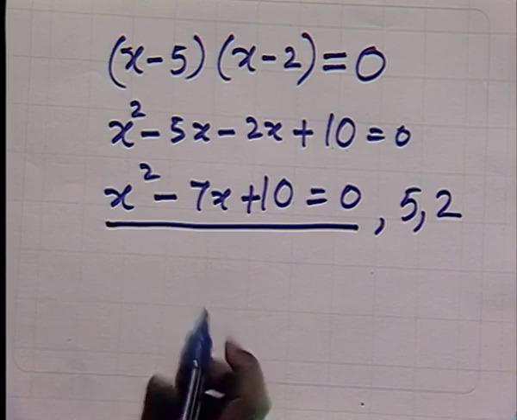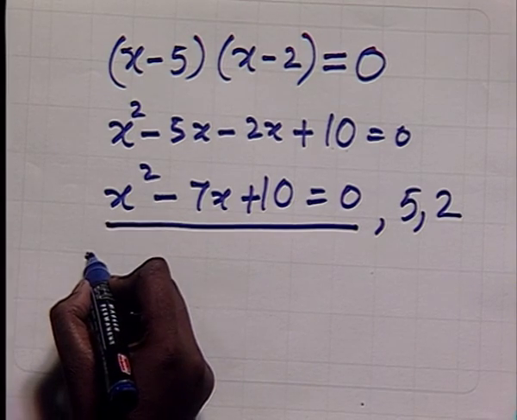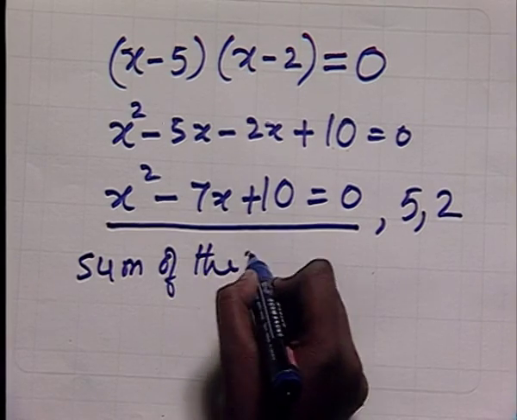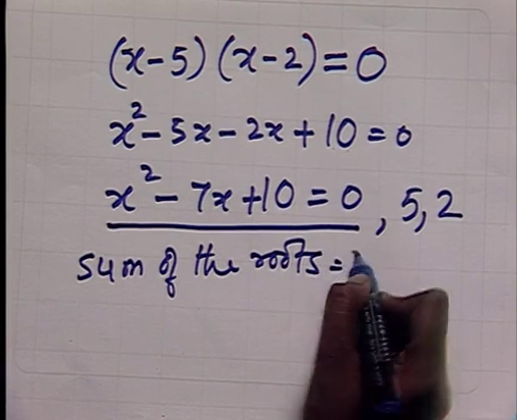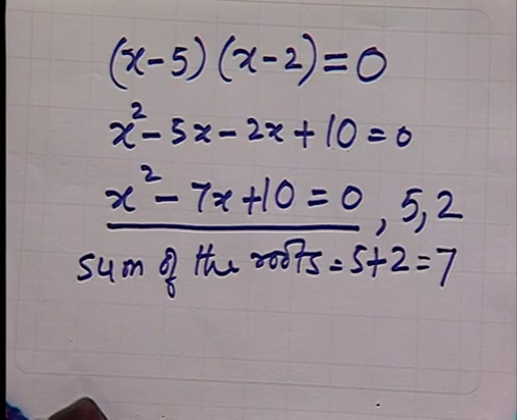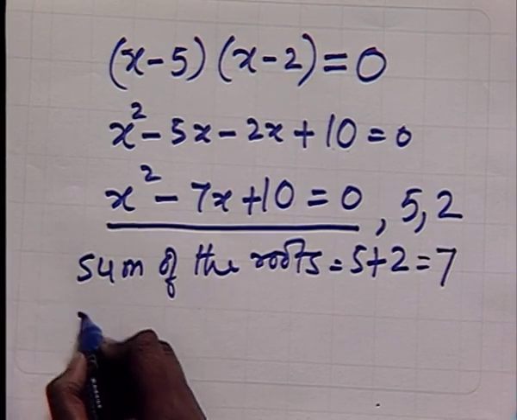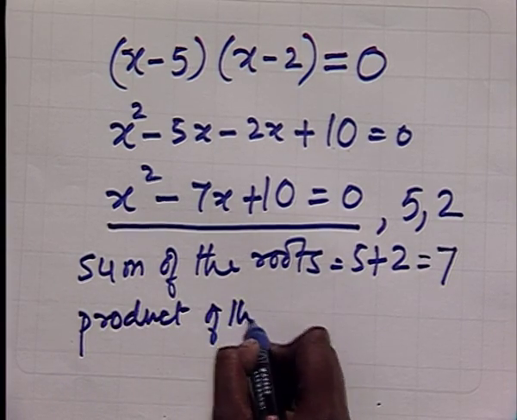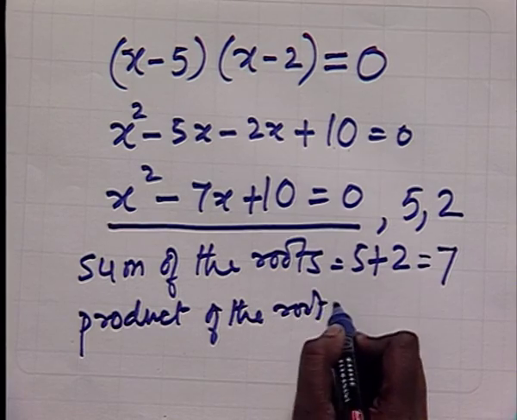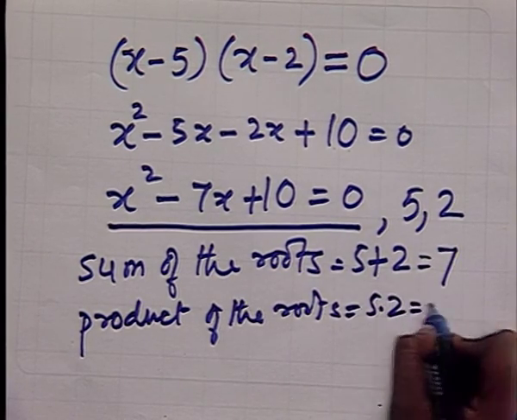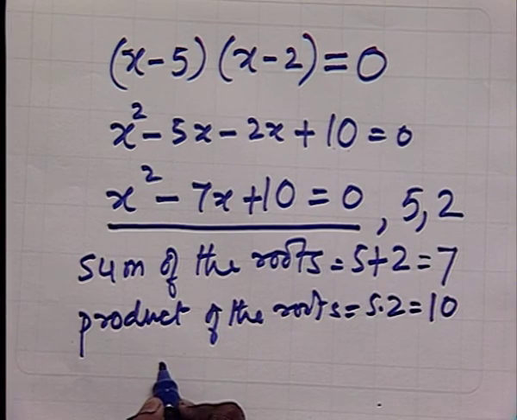Therefore, the sum of the roots of this equation will be 5 + 2, which is equal to 7, and the product of the roots of this equation will be equal to 5 multiplied by 2, which is equal to 10.